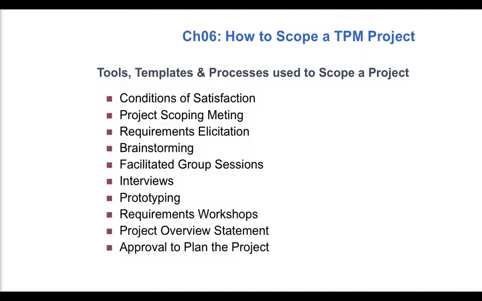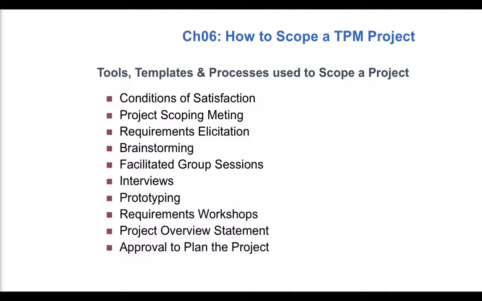Right, so here's some of the things that you need to know. The conditions of satisfaction. You need to have a project scoping that should be meeting. You need to do requirements elicitation. You need to do some brainstorming if there are unknown problems or problems that you don't know the solution to. It's helpful to have group sessions where a facilitator tries to elicit more information, either requirements or background information about the topic.